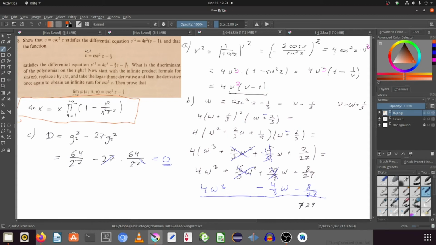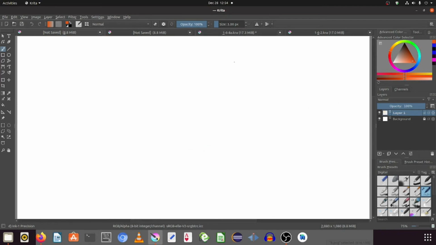I've never really worked much with, I haven't worked at all with them. Now, we shall take the logarithmic derivative, and we need a new, don't like this color very much.